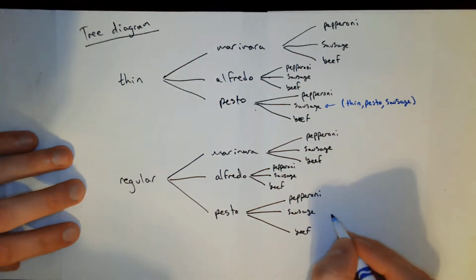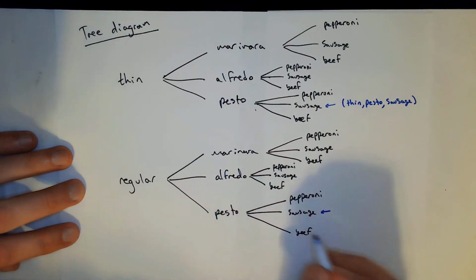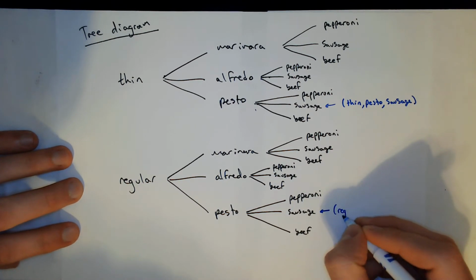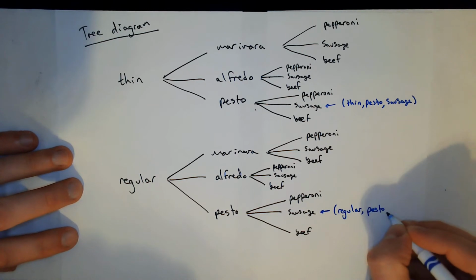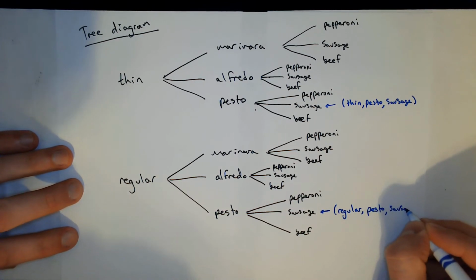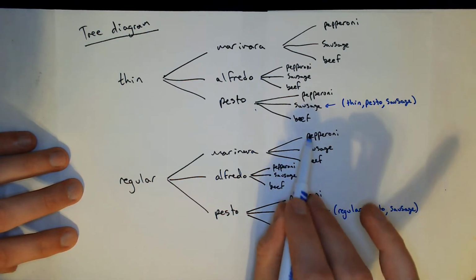Whereas if I look down here at this one, which looks like it might be similar because it's pesto sausage, it's unique because this is regular crust pesto sausage, right? So the ends of each one of these little tree branches represents a unique combination.